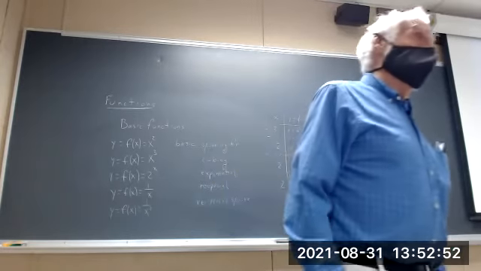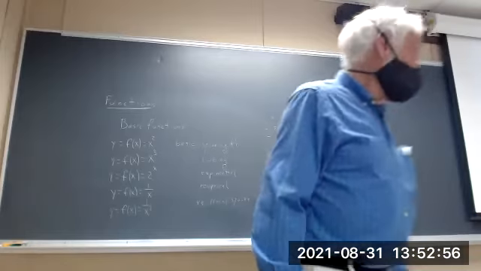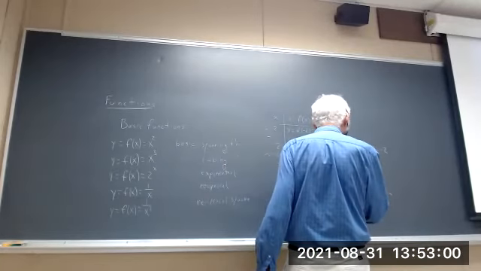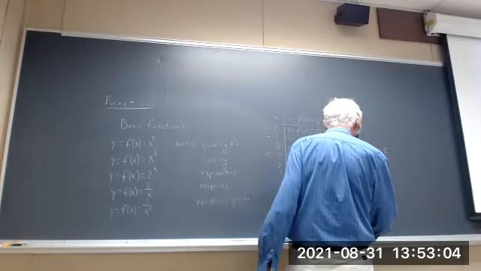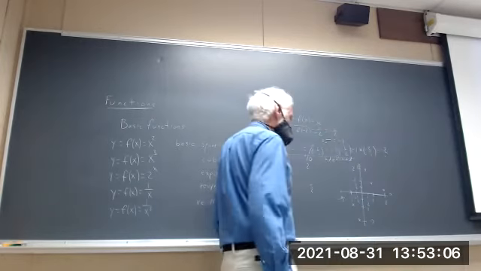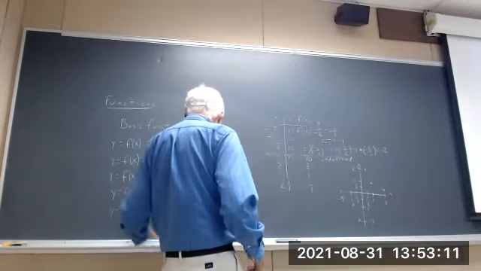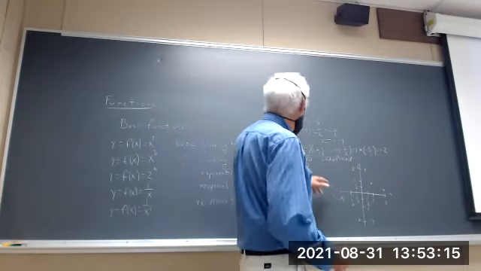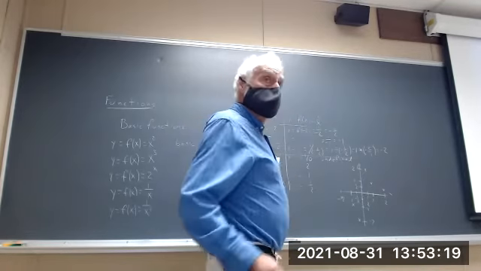Although if you want to use calculators, which you've probably done, in any case, you get a set of points like this. This is the graph of the basic function.